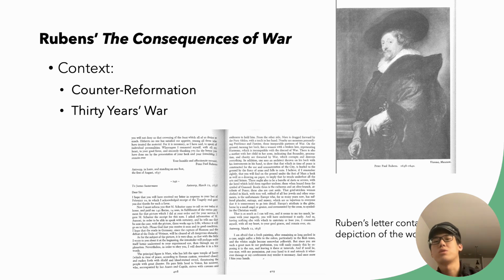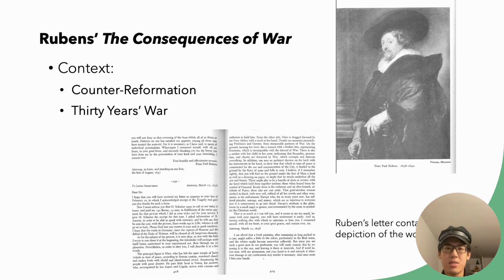Art was meant to inspire piety, invoke strong emotions, and reinforce Catholic values such as peace, harmony, and divine order. So Rubens' painting aligned with this aim by allegorizing the devastating effects of war and contrasting them with the ideals of peace, love, and order.